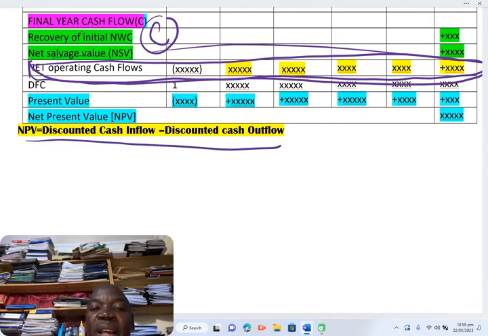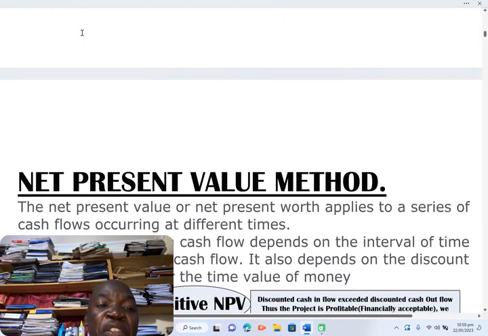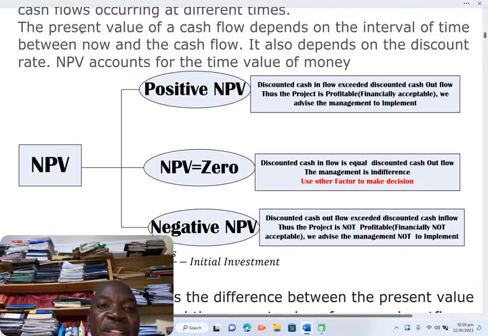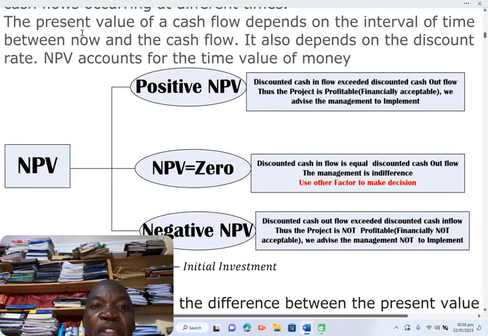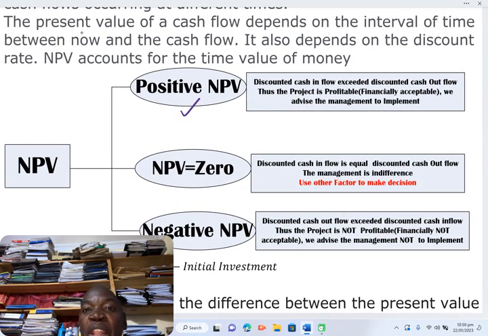This difference here. So if NPV is positive, this reflects that the discounted cash inflow exceeds discounted cash outflow, and thus the project is profit making. So it is financially acceptable because its profit exceeds expenses.